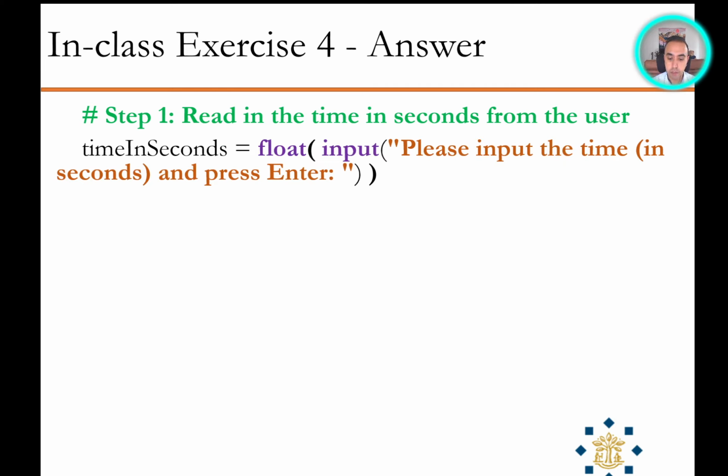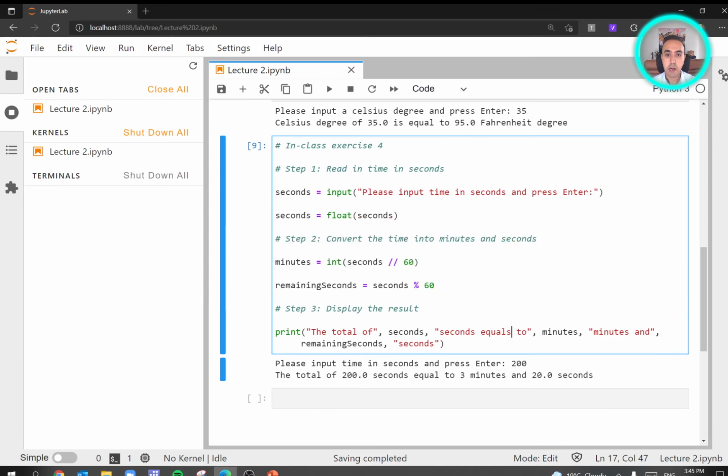So we have an input: please input time in seconds and press enter. Here you are going to see that the input is converted to float in the same line. How we did it here was in 2 different lines, right?